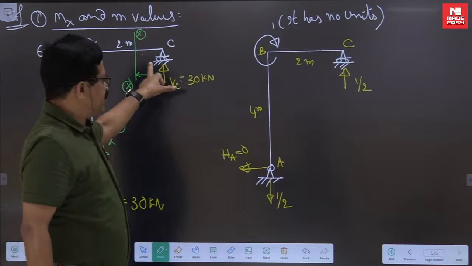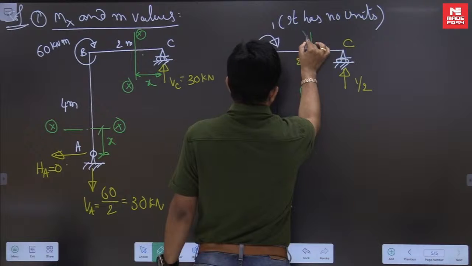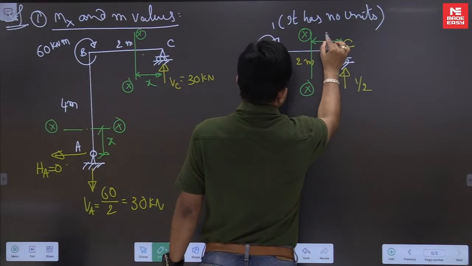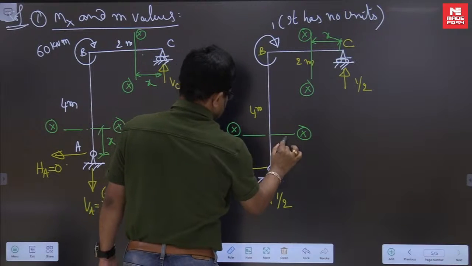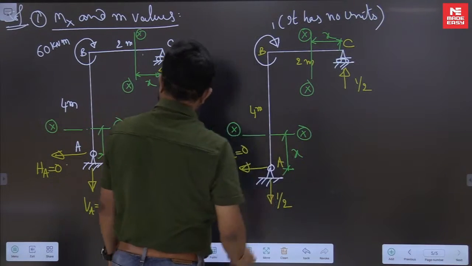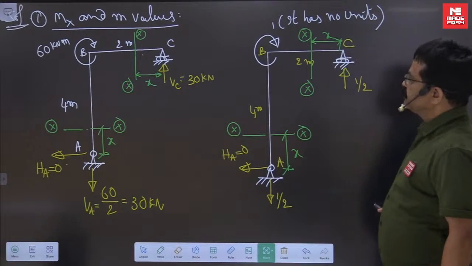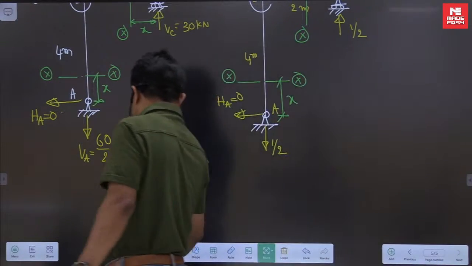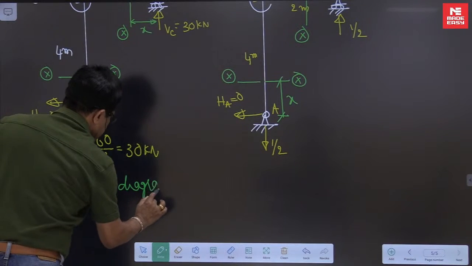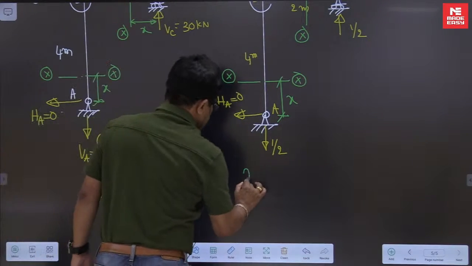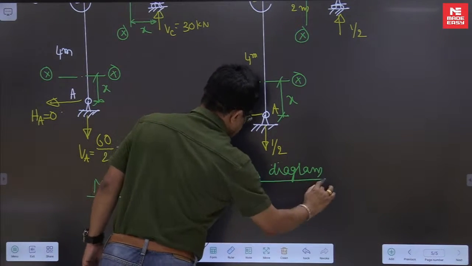Wherever you take a section here, the same place here also we have to take it, at a distance of x. So these are Mx values, let us call it the Mx diagram. This is the small m diagram.